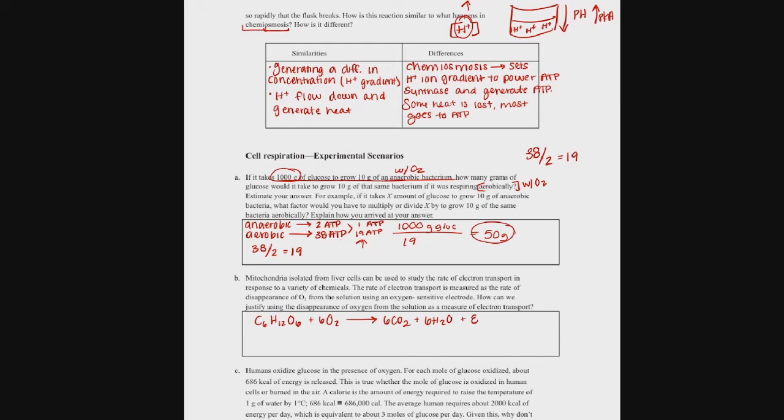So the final product produced is 38 ATP. And there are 6 moles of oxygen consumed.